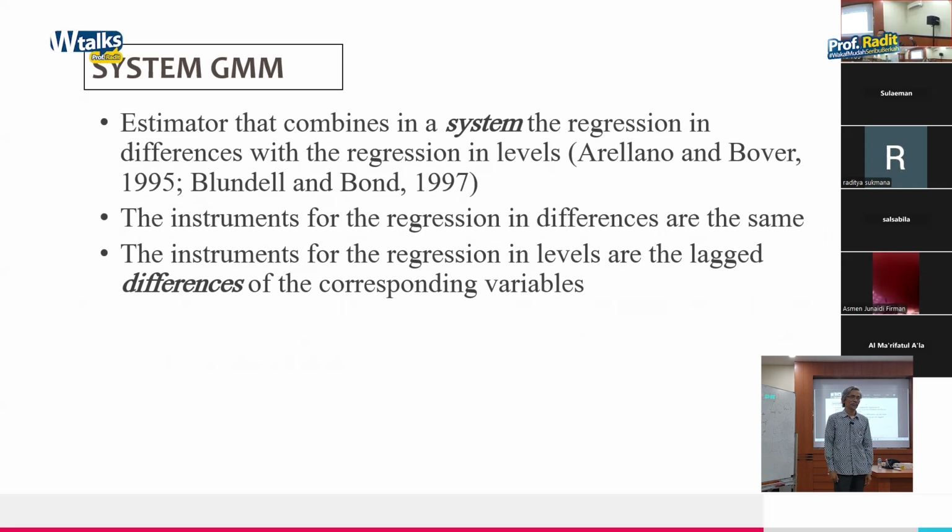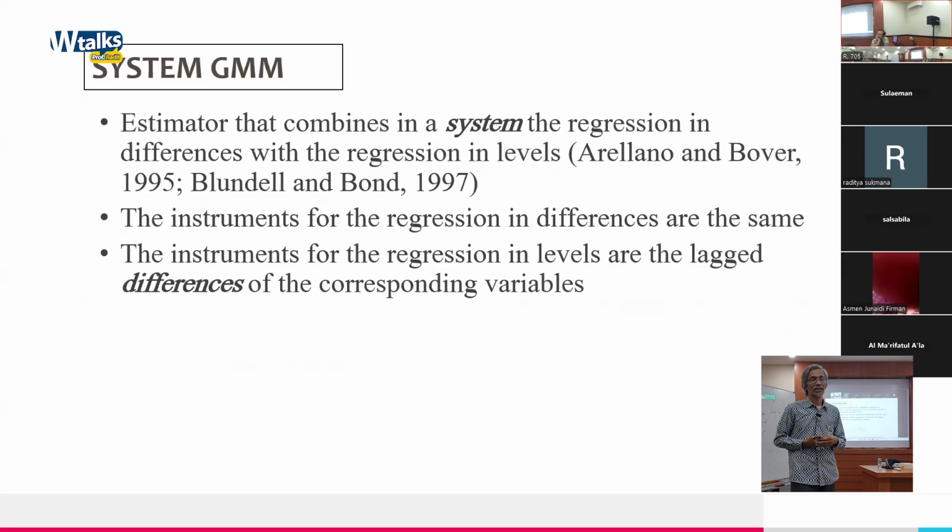Your system GMM can resolve the problem of weak instruments, but not of too many instruments. Because once you have system GMM, you add more instruments into your equations. But it can resolve the problem of weak instruments and allow you to maintain the data as it is, so that you are not filtering out the trends out of your data set.